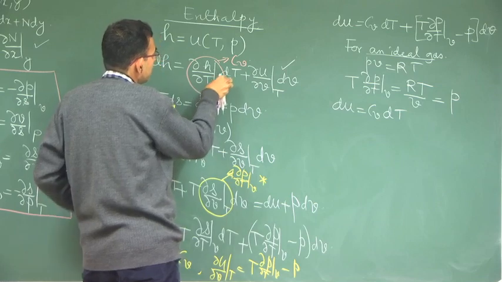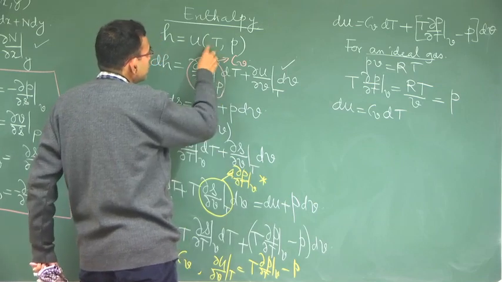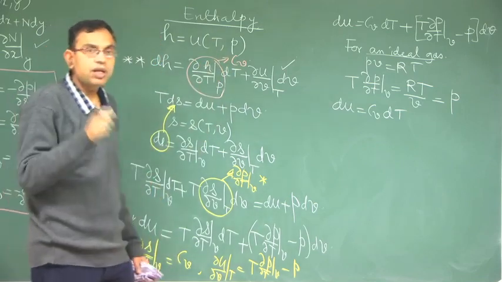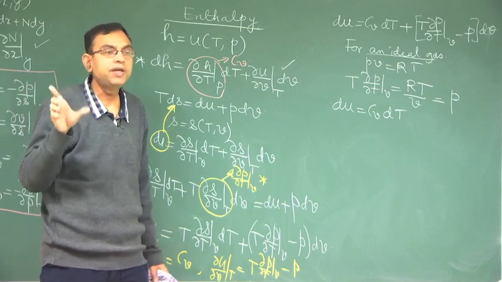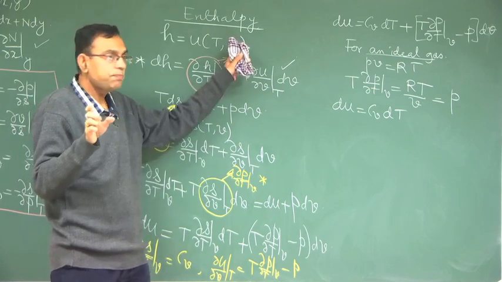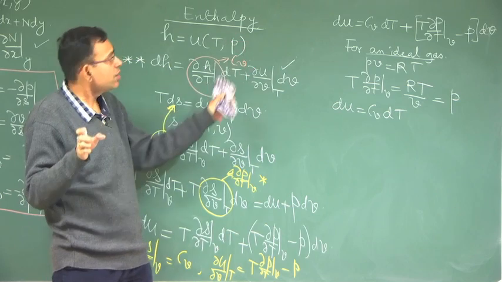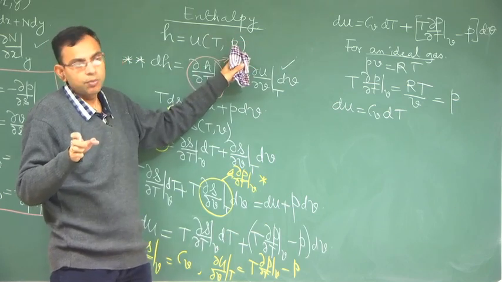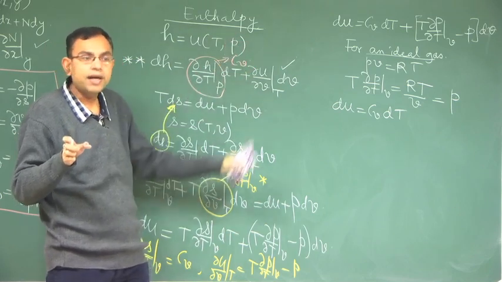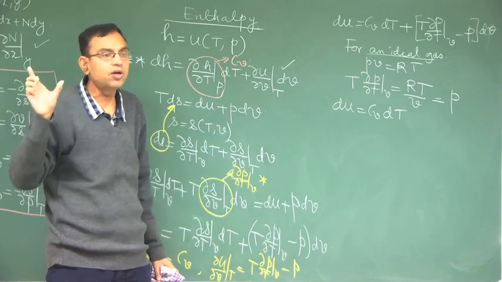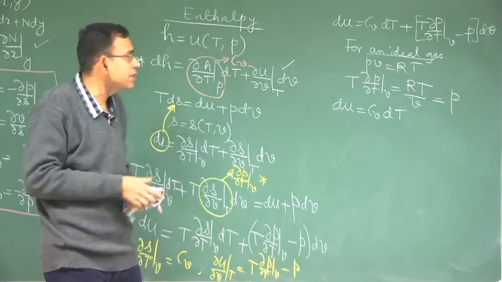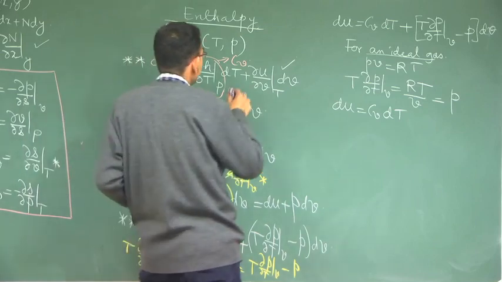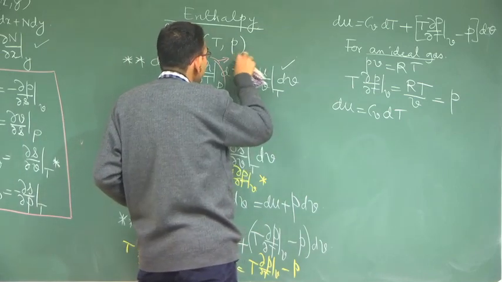Why do we write enthalpy as a function of T and P? Because we will use TdS equal to dH minus VdP. That is why this P dependence. We could also write it as a function of T and V, but that will not serve the mathematical manipulation purpose. Fundamentally it will not be wrong, but it will not serve the mathematical derivation purpose. So, this is not CV anymore.